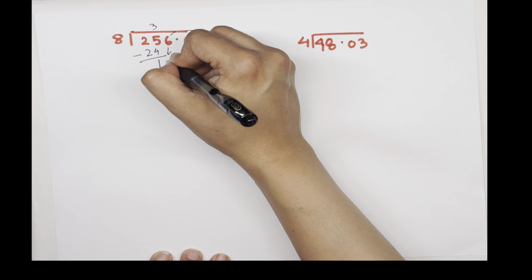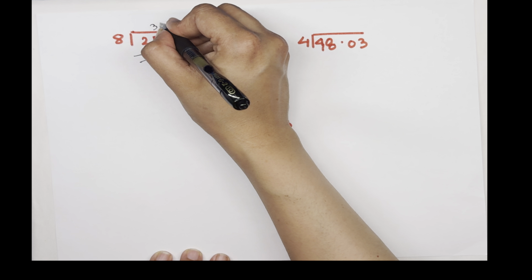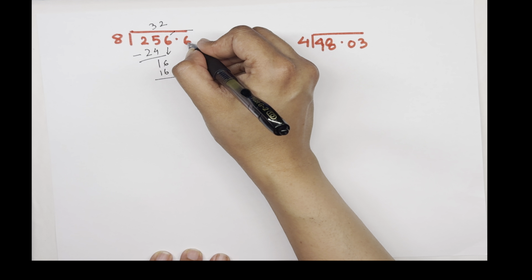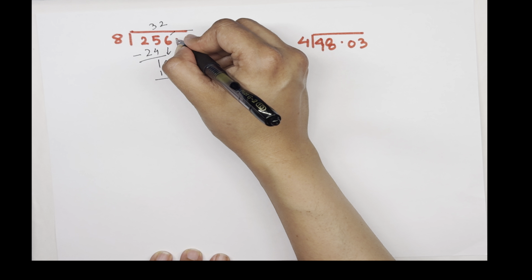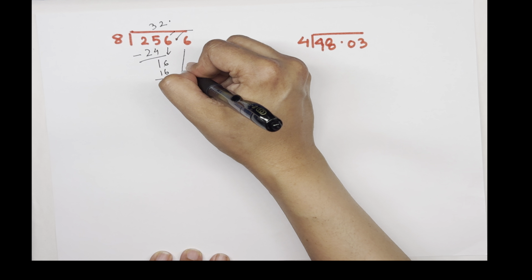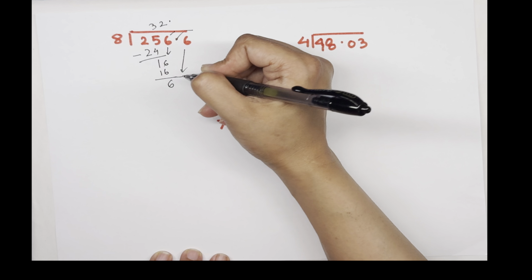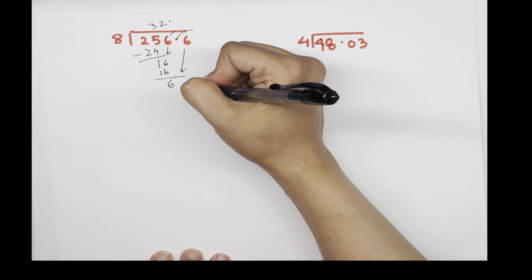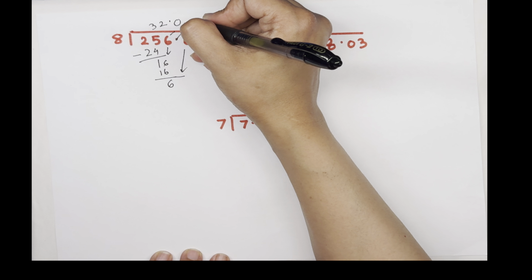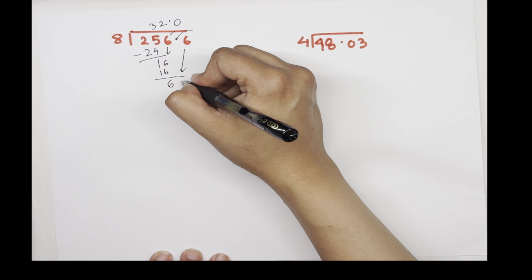Next digit is 6. 8 times 2 is 16. I cannot bring the 6 down because the decimal is blocking the way. Take out the decimal, put it here, put the 6, but it's still not going. So what you have to do, you put a 0 and then borrow a 0.